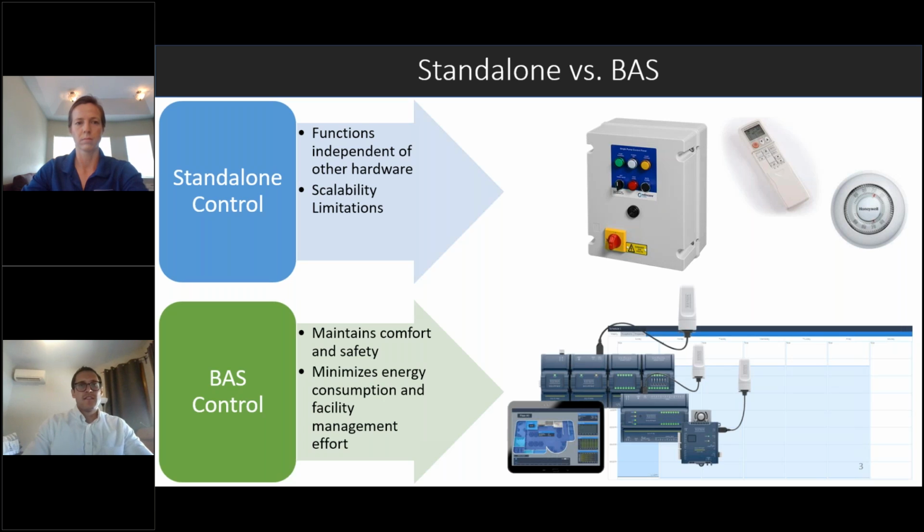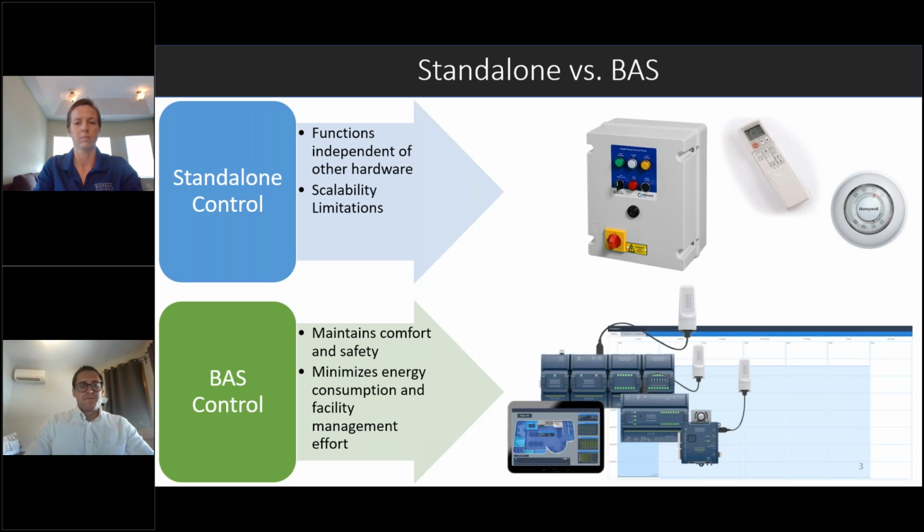With the BAS system, building automation system, you may also hear building management system, BMS, EMS, energy management system. All those are the same thing that we're talking about here. They're systems that are networking together controllers within your building, networking together multiple pieces of equipment so that you can look to optimize how those pieces of equipment are working within that building.